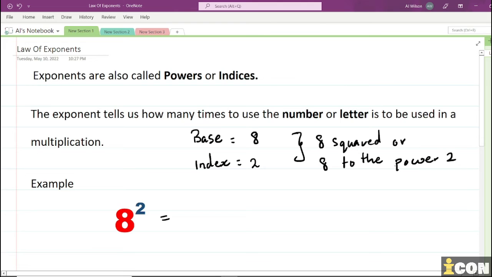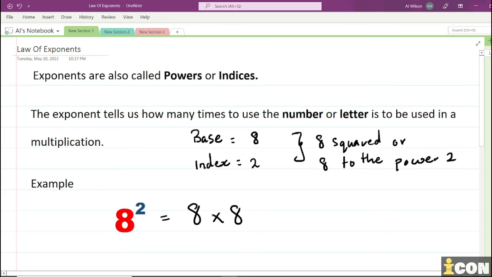There's also another way you can actually write it, but let's just focus on these two for this particular video. So what this actually tells us is we have 8 as the base, and since the power is 2, we need to actually have it twice, and they're going to be multiplying. And that's generally our answer.